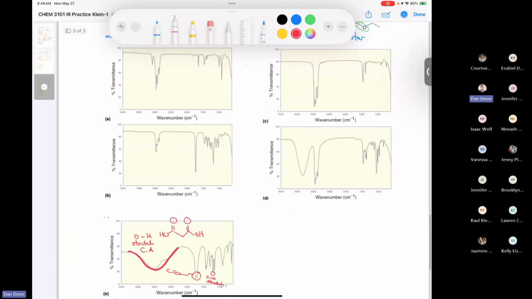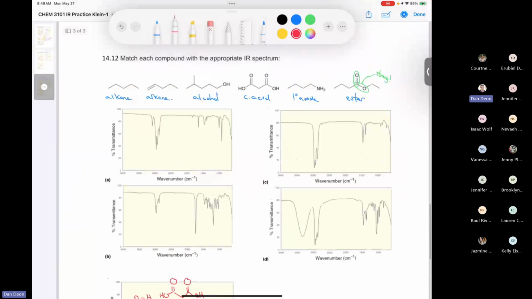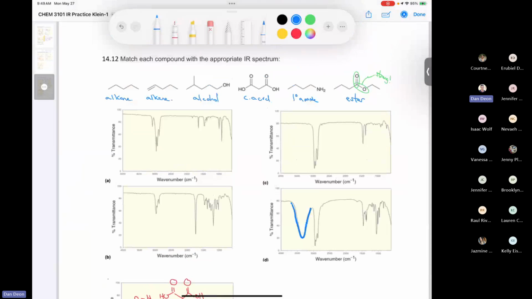We can see the broad oxygen-hydrogen stretching here, so this is our OH stretch. And this is our alcohol. So what's the structure? It's this one here. There you go. And then this would be the carbon-oxygen single bond, so the CO stretch. All right, so we've got those two done.